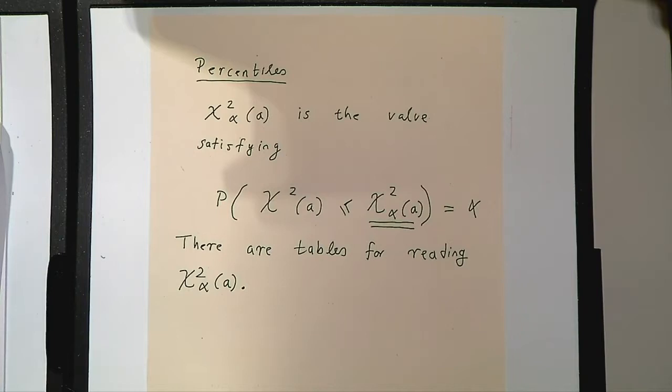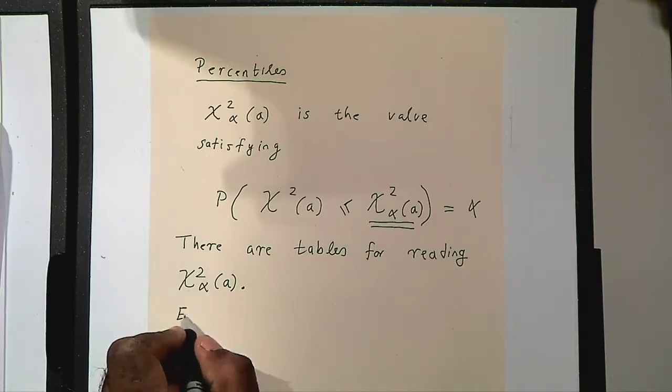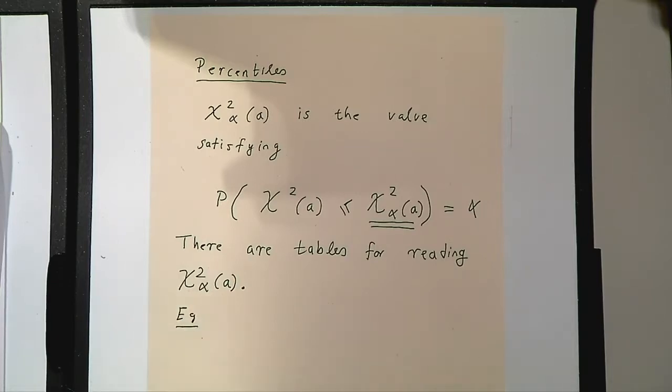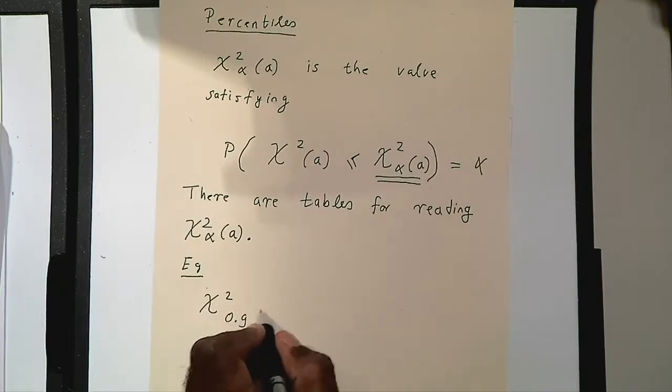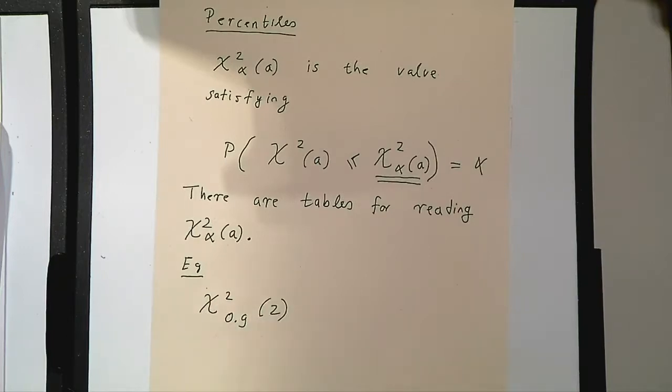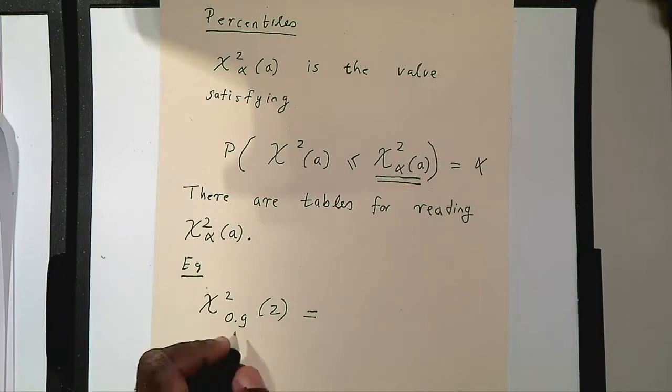So suppose you want to read chi-squared 0.9 at a equal to 2. It's simple. You look for 0.9 along the first row. Oh, there's no 0.9 here. Let's change it to 0.95, sorry guys.